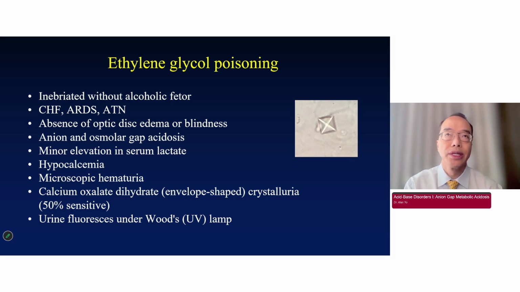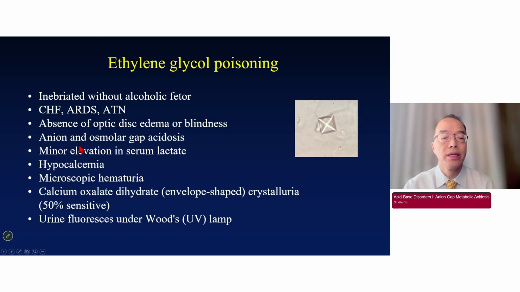Ethylene glycol poisoning is very similar to methanol poisoning, but one of the key differences is it doesn't affect the eye. So there's no effect on vision, and there are no abnormalities if you look into the fundi. As we mentioned, it causes both an anion gap and an osmolar gap acidosis.